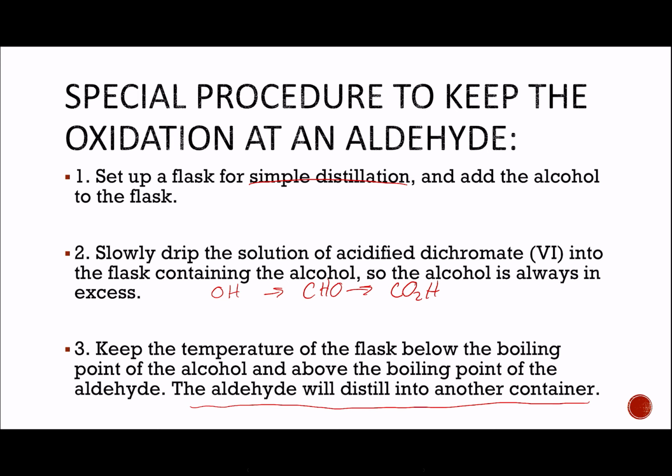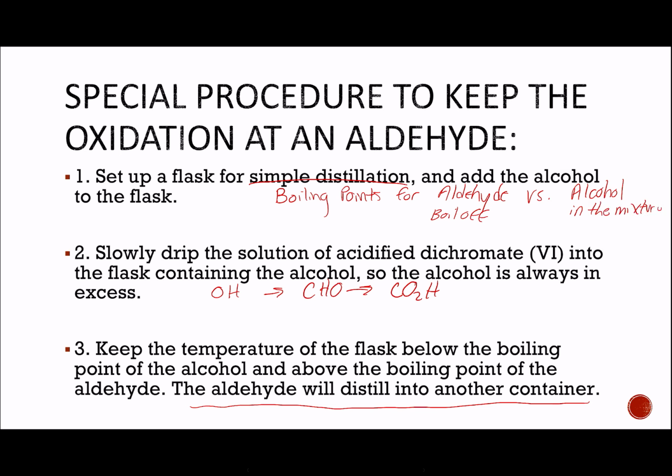So the reason this works is because of the difference in boiling point for aldehyde versus alcohol. And so you have to keep the temperature high enough to boil off the aldehyde, but to keep the alcohol in the mixture.